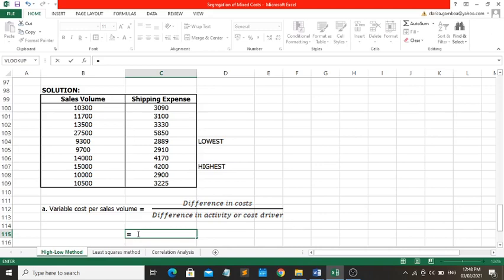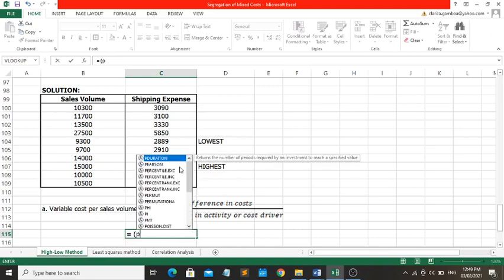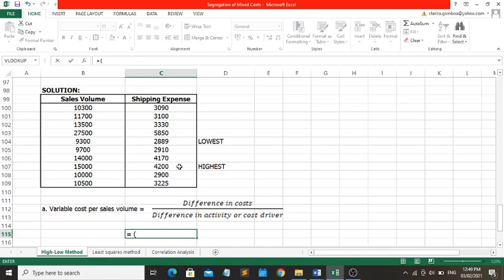Okay, so difference in cost, magkano ba ang naging cost? 4,200 less, magkano ba yung kay lowest? 2,889.